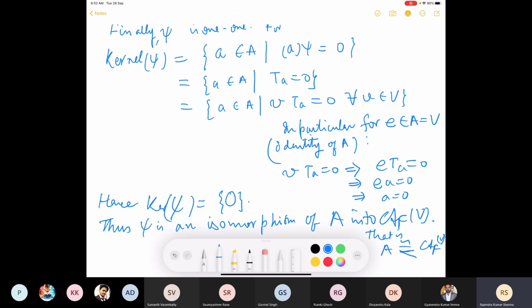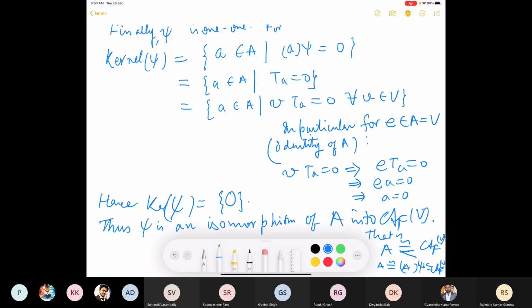So this is the image, 𝒜 under ψ, which is a subalgebra of 𝒜(V). What we have proved, which is an analog of the Cayley theorem, is that every algebra with identity is isomorphic onto a subalgebra of 𝒜(V).